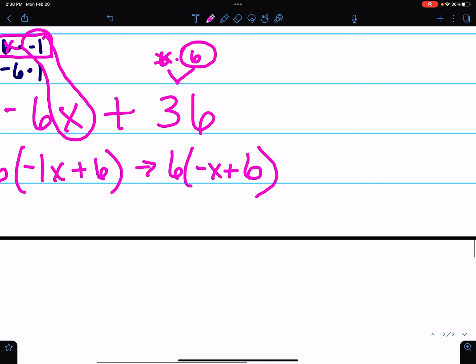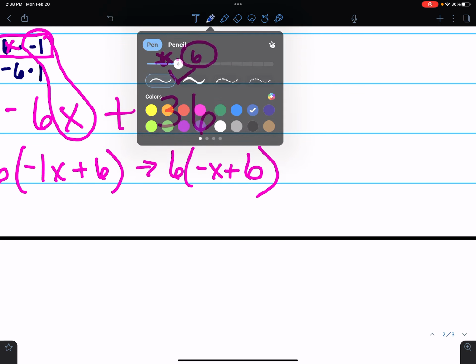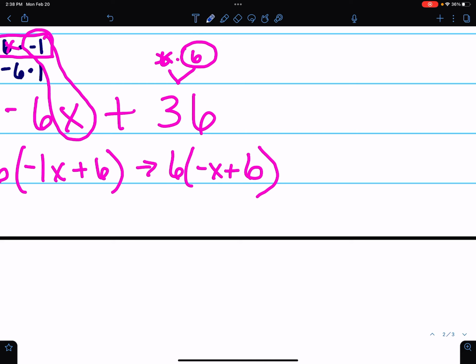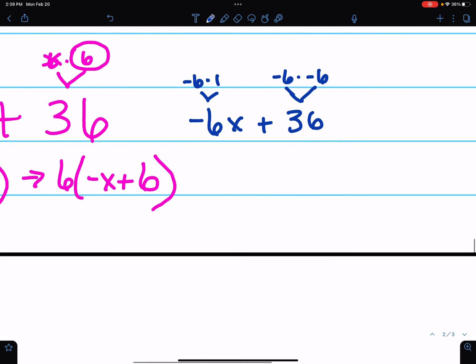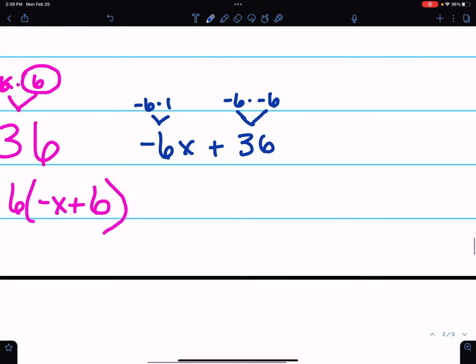Now, I'm going to do the other way simply because I want to make sure that you've seen it for the test. If I have -6x plus 36, and you wanted to factor -6 out, then this 36, in order to have a common factor, I would need to make -6 times -6, because we know according to the rules, it takes two negatives to make a positive.